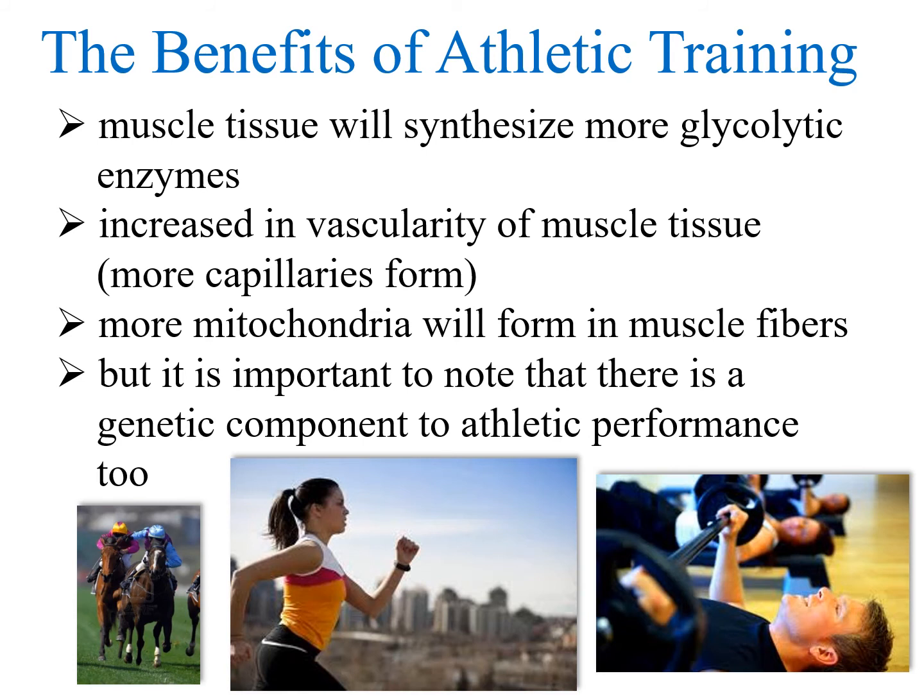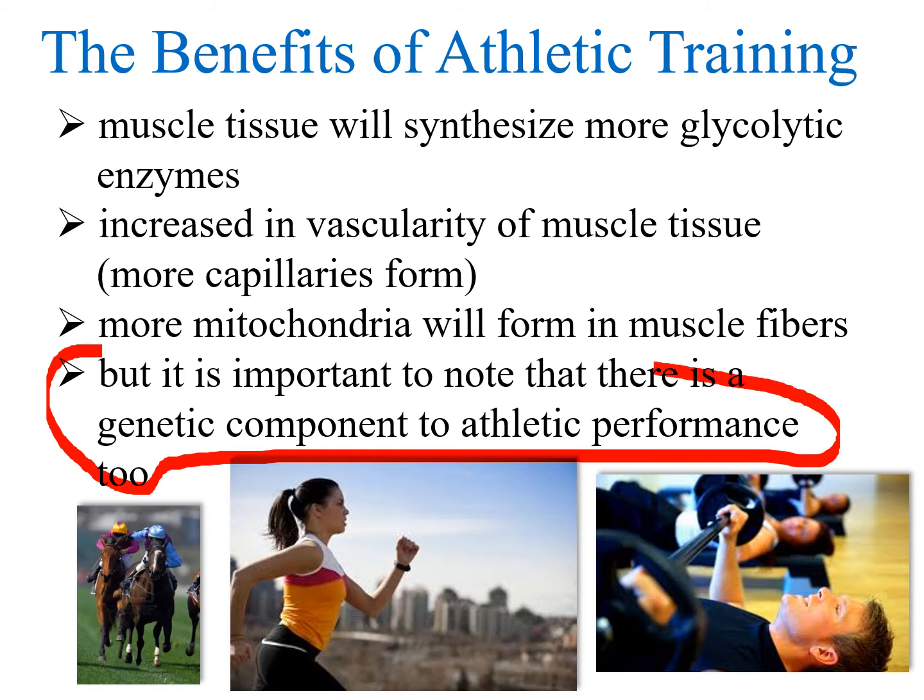But I think this last bullet here is kind of important, and that is you can train until the cows come home, or be very dedicated in terms of training, but if you're not genetically predisposed to being a good athlete, and we'll talk more about what that means a little bit later, that doesn't overcome the physiologic limitations as to what your body can do. So there is a genetic component to that, and if you just think about racehorses, thoroughbreds, they're bred to run, right?